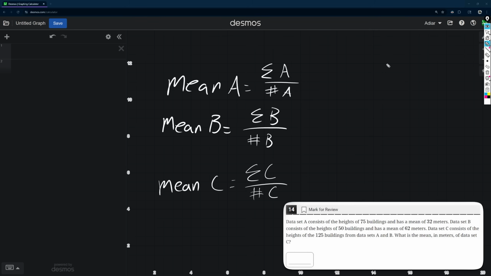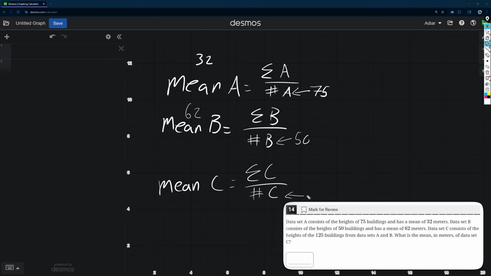We actually know a lot of stuff. Well, we know that this right here is 75. There's 75 buildings. We know this mean is actually 32 meters. The mean of B is 62 meters with 50 buildings. So this is 50. And we actually know this right here too.